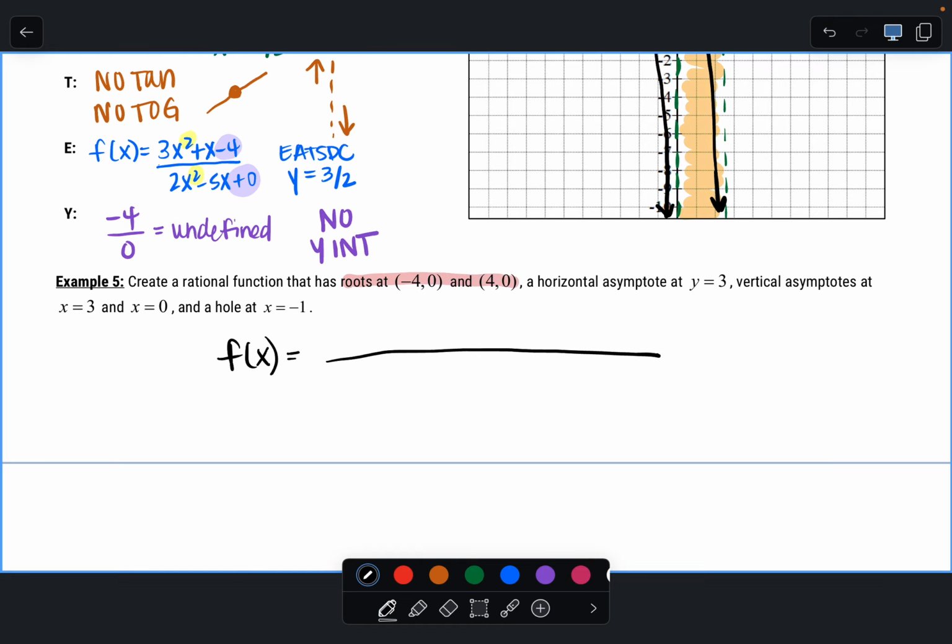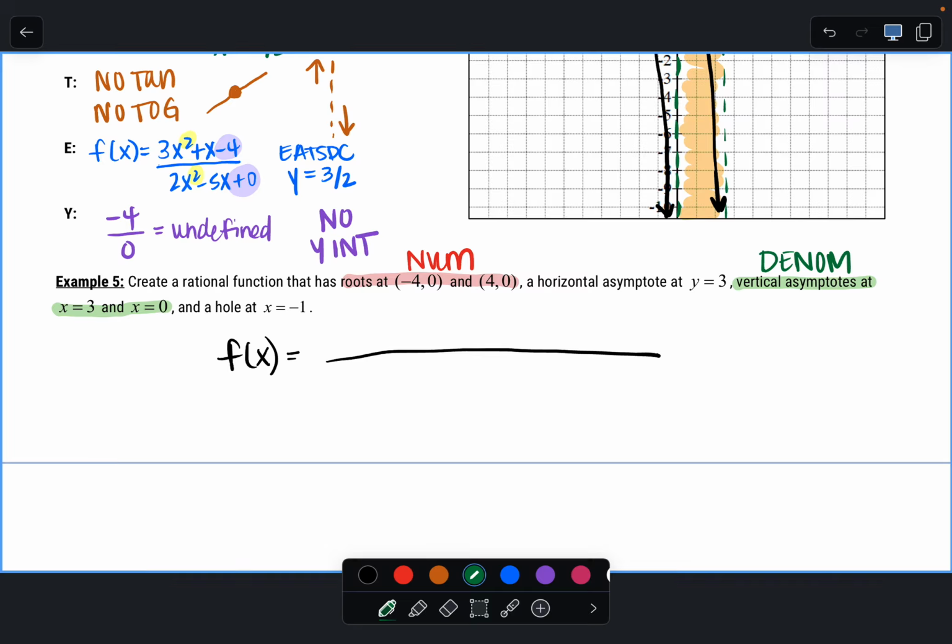So these 2 points will have to be shown in the numerator. Where did we say vertical asymptotes come from? The denominator. So I'm going to put this as my denominator. Okay, now horizontal asymptote, I wouldn't worry about just yet.